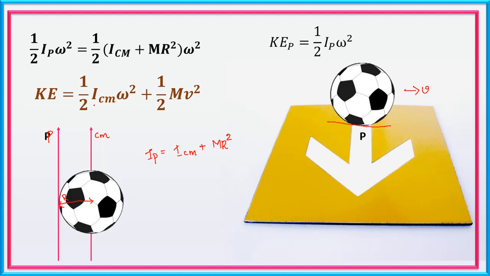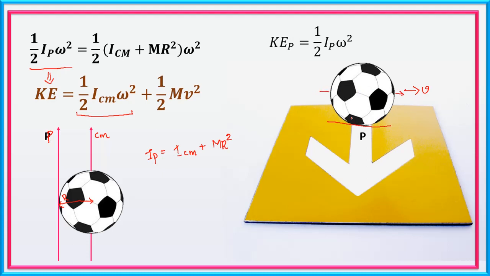Therefore, on substituting, what I have here is the kinetic energy. This term is entirely the kinetic energy of a rolling body. Therefore, the kinetic energy of a rolling body is equal to half ICM omega square. Now, what will be this? This is the kinetic energy of the body when it is rotated about its center of mass. Since the body is rolling, it is not rolling about an axis which is passing through the center of mass.